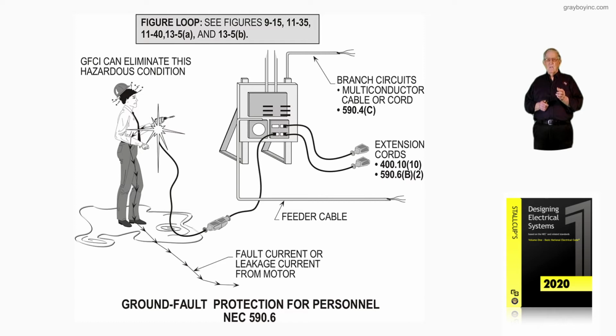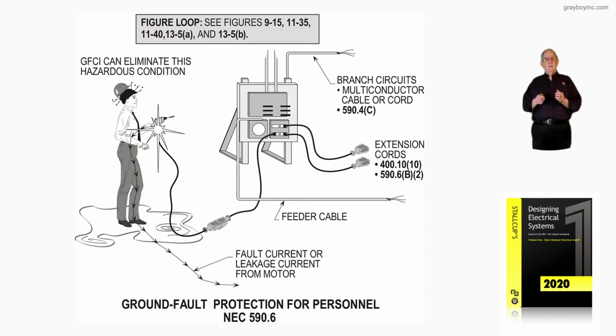Now, we can learn a lot about this GFCI protection at different locations in dwellings, as well as commercial and industrial locations, by reviewing the figure loop. And you would just look at Chapter 9-15, Chapter 11-35, you would look at 11-40, 13-5A, and 13-5B.